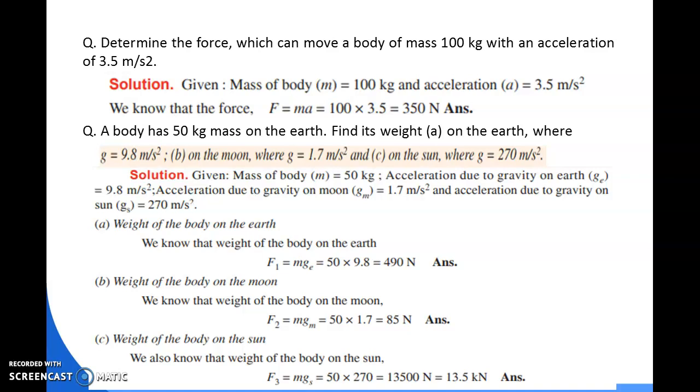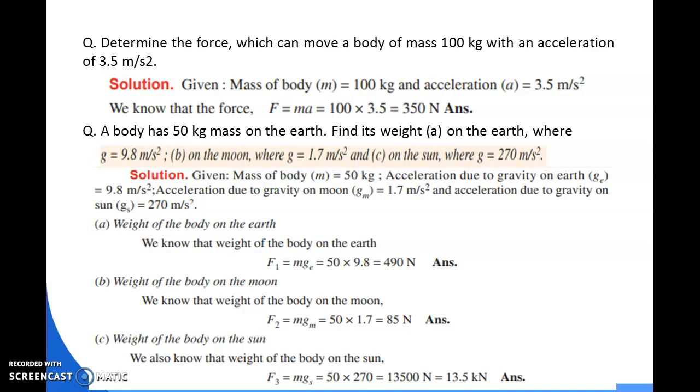The next question is: a body has 50 kg mass on the earth. We have to find out its weight, (a) on the earth, (b) on the moon.